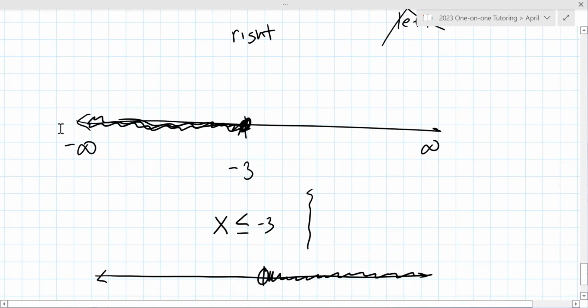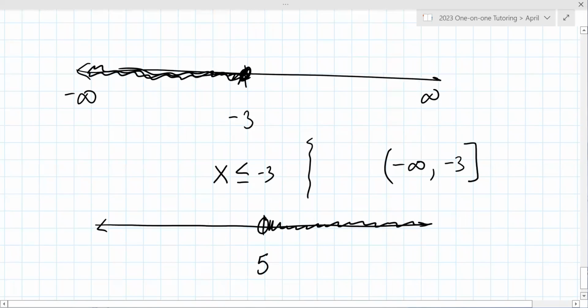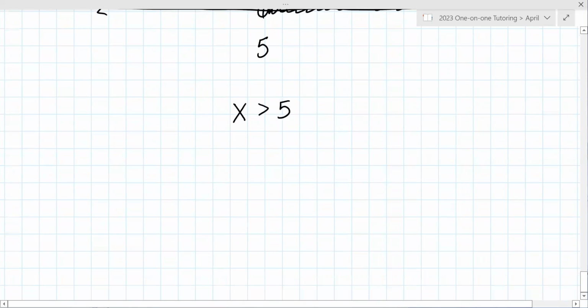What's the leftmost value? Negative infinity. And what's the rightmost value? Just -3. Does negative infinity get a parenthesis or a bracket? It gets a parenthesis. Notice the -3 is filled in. Is that a parenthesis or a bracket? That's a bracket. Good.